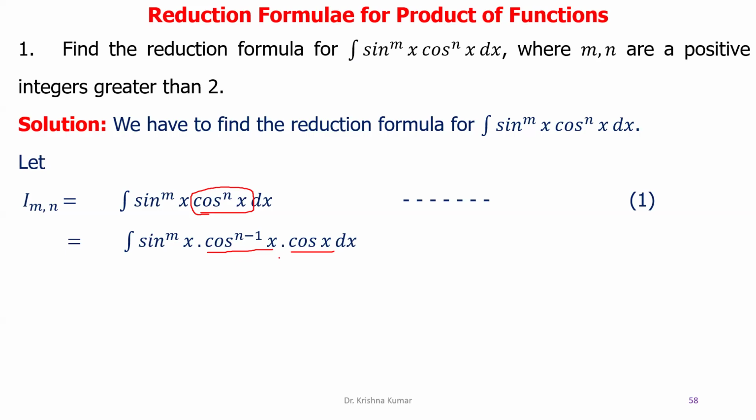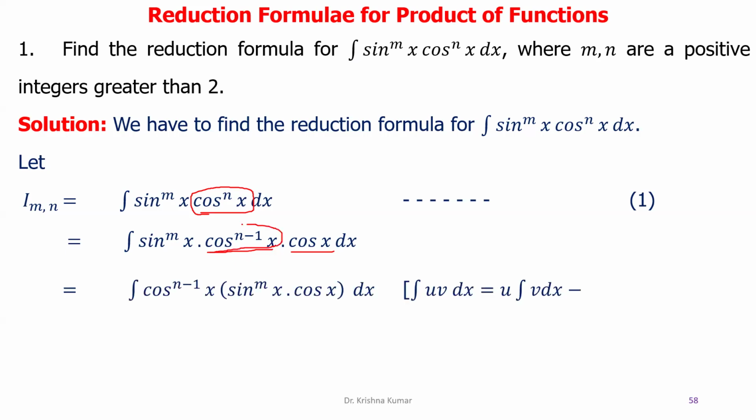Then it can be written as cos to the power n minus 1 x and then sine to the power m x into cos x in one bracket. Why have we written it like that? Because we know the integration of sine to the power m x into cos x, and then we can take this as the first function u and this as the second function v, and apply integration by parts.